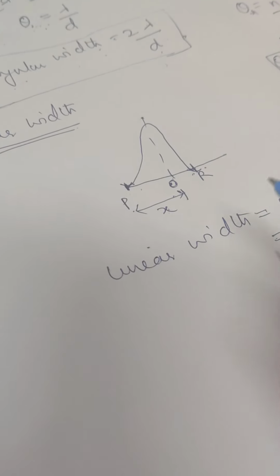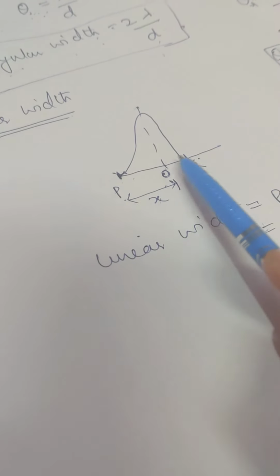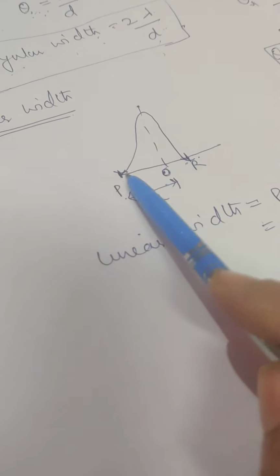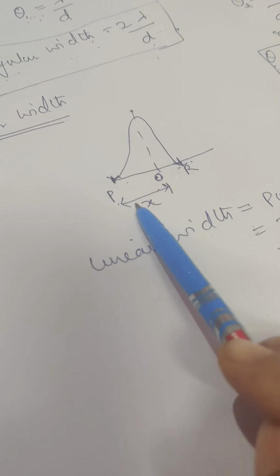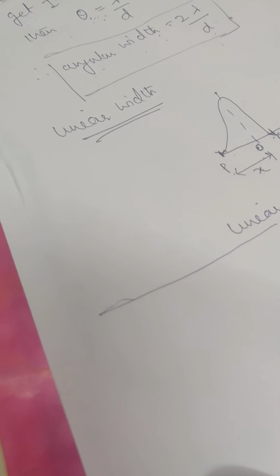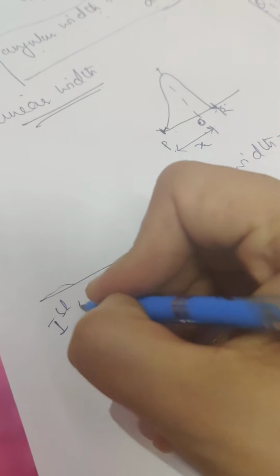Okay beta, as this linear width is the distance between the first secondary minimas we get on both sides of the central maxima, I'm writing here. We already calculated the condition of first secondary minima.